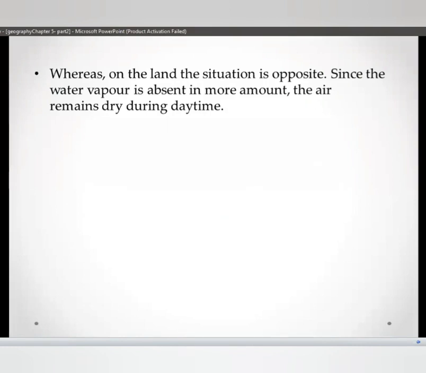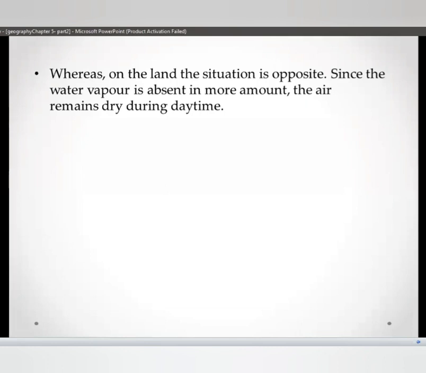Since the water vapor is absent in more amount, the air remains dry during daytime. Understand the statement carefully that land के ऊपर की air जो है, वो air में water vapor कम रहता है. Okay, that means water vapor कम है, इसकी वजह से वो air जो है वो dry हो जाता है during daytime.